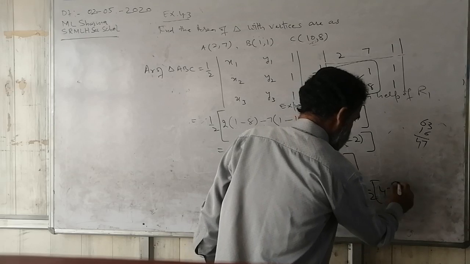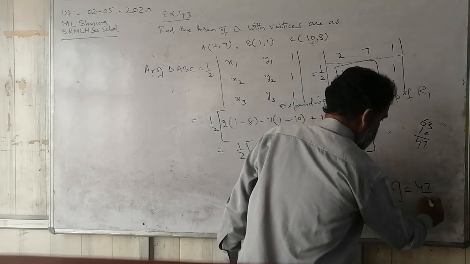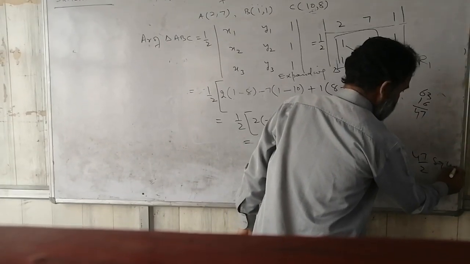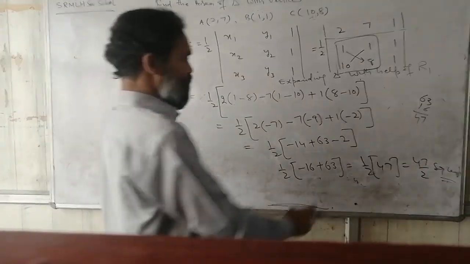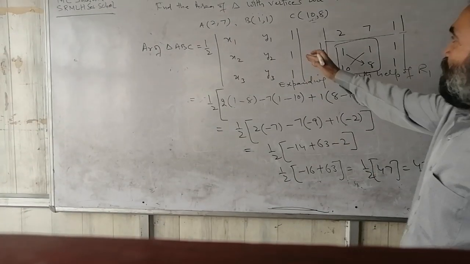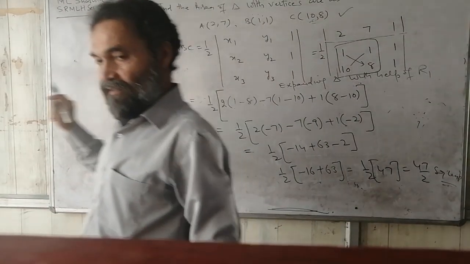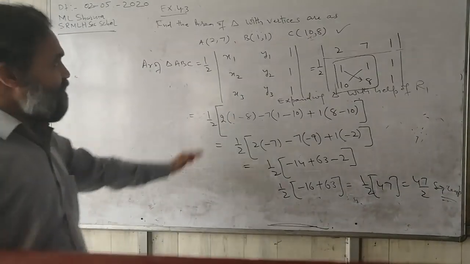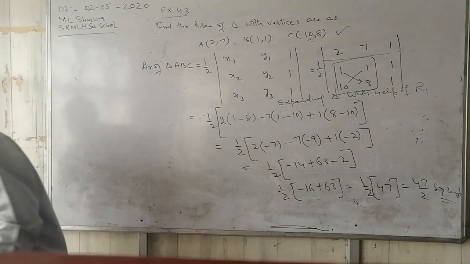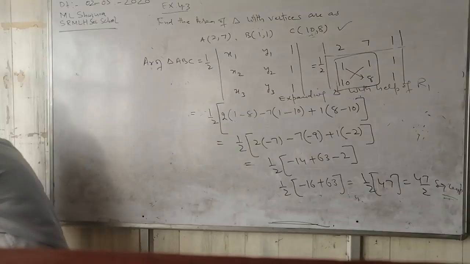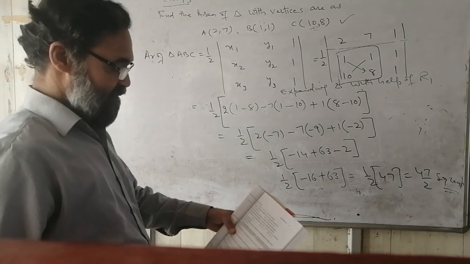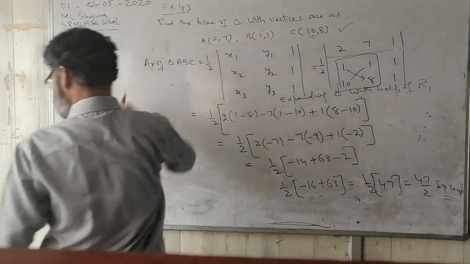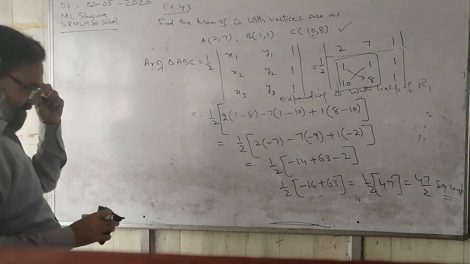So the area is 47 upon 2 square units. This is the area of the triangle whose coordinates are given in this way. This is how we calculate the area of triangles whose coordinates are given. In the same way, there is another question, you can note it.